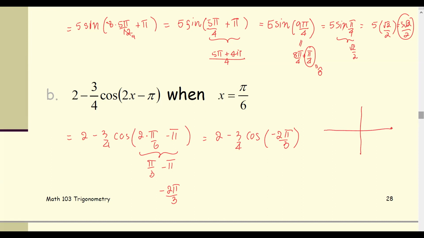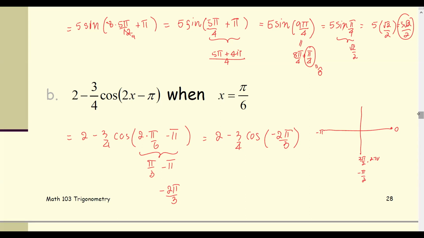From the xy plane, this is a negative angle, so we go clockwise. This is 0 radians. If you go clockwise, the 3 pi over 2, or the 270 degrees, becomes negative pi over 2, and the 180 degrees of pi becomes negative pi.